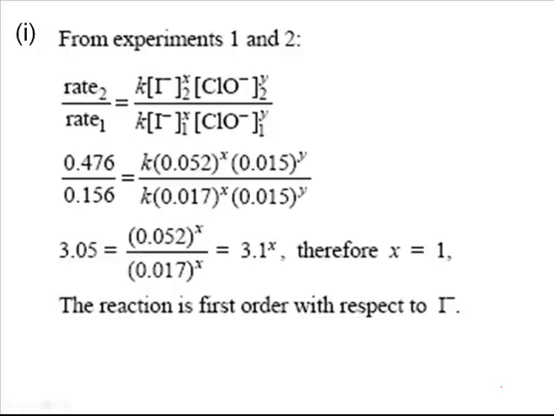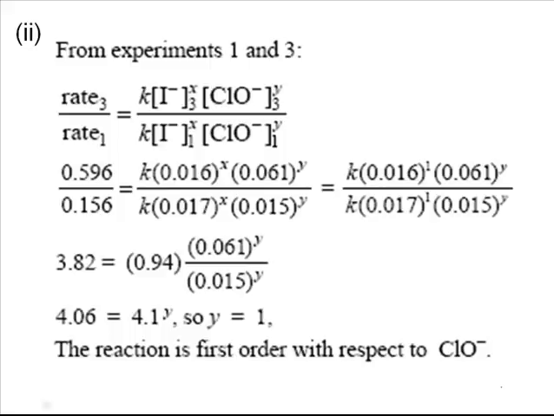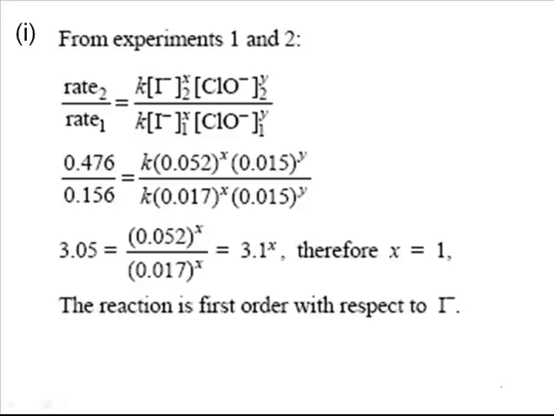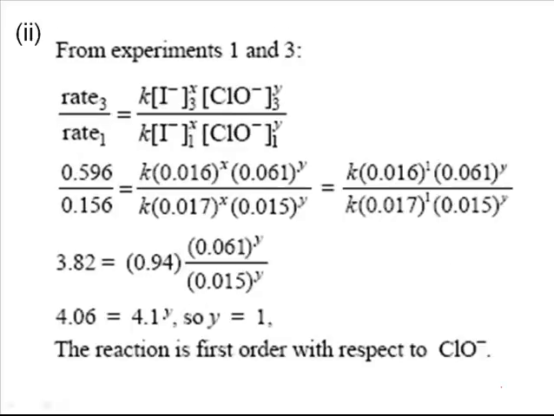It's going to be first order with respect to I minus. Then looking at experiments 1 and 3, it's first order as well with respect to ClO minus. So that gives us the relationships: 1 and 3 for ClO minus and 1 and 2 for I minus.